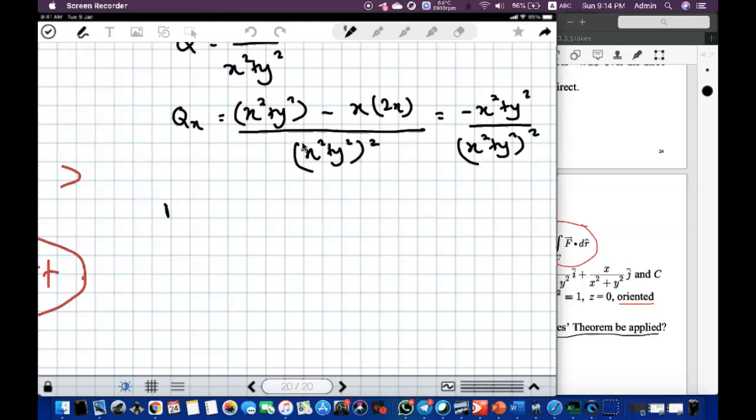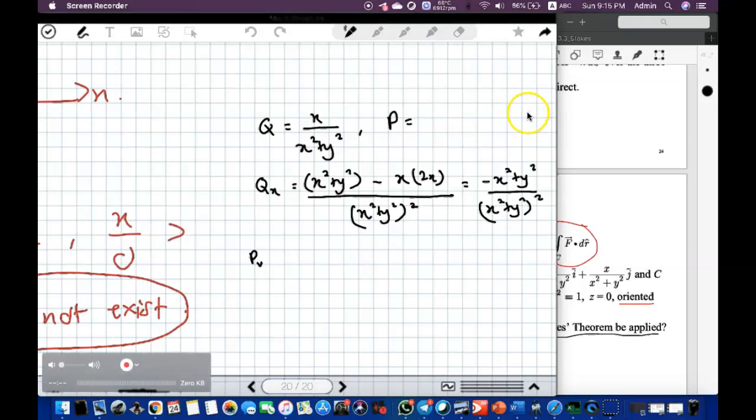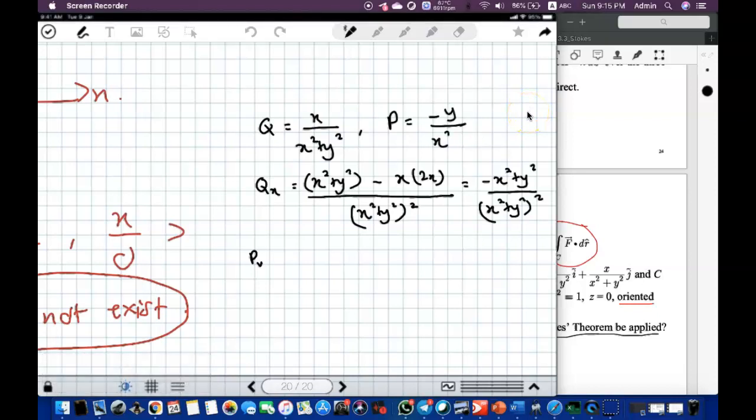And then P, okay, what is your P? P is minus y over x squared plus y squared. So Py, we apply the same quotient rule.